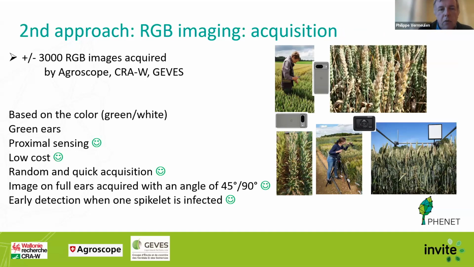We acquired in the EnviroTyping project more or less 3,000 RGB images in different countries, in Switzerland, in France, in Belgium, in different trials: inoculated, untreated, or fungicide-treated, and at different growing stages. This technique is based, of course, on color. As I said before, the healthy part stays green on the ear, and the infected part is white.